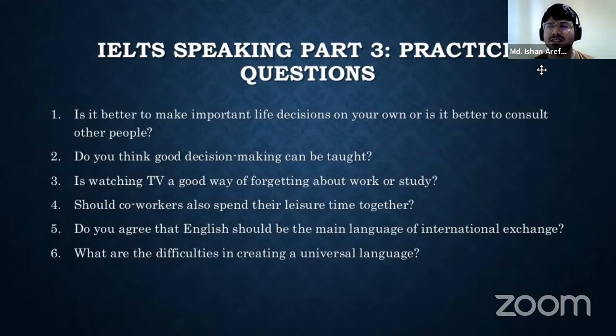I hope that from these classes it is clear now. Task 1, short question, 2 or 3 sentences to answer. Task 3, broad question, 7 or 8 sentences to answer. In between I have also talked about task 2, where you have to make a speech for 2 minutes without any interruption. So remember all of these things regarding task 1, task 2, and task 3.